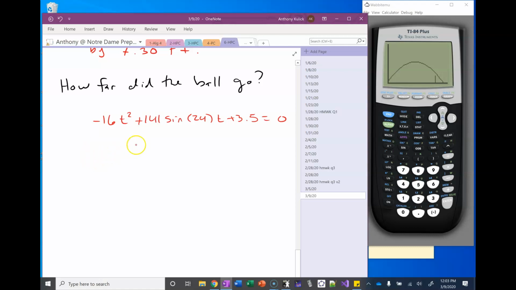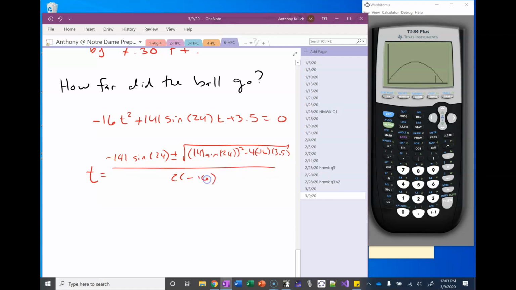You're not going to be able to factor this because one of our coefficients has a trig function in it, so that's likely not going to be real factorable. So t equals negative 141 sine 24 plus or minus the square root of (141 sine 24) squared minus 4 times negative 16 times 3.5, all over 2 times negative 16.